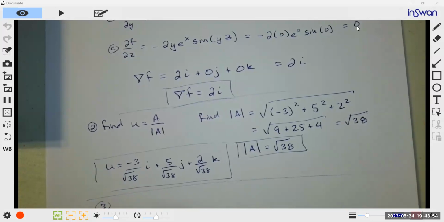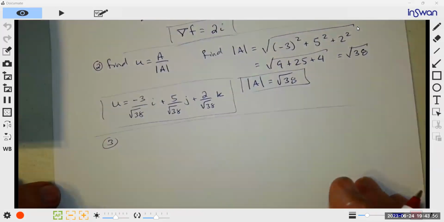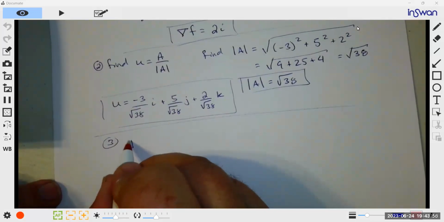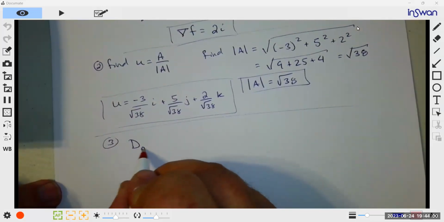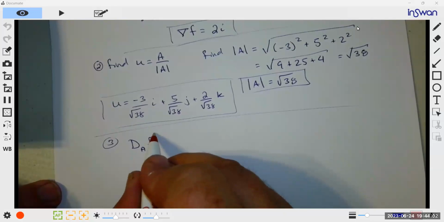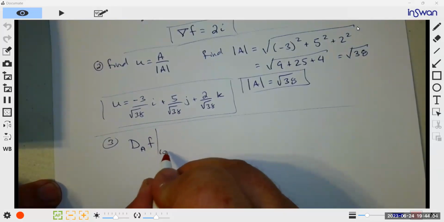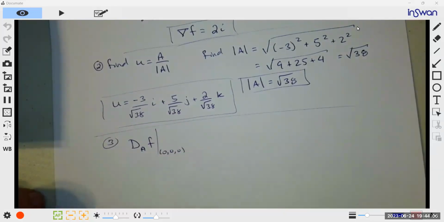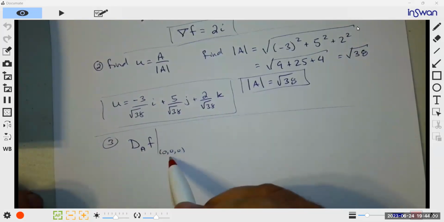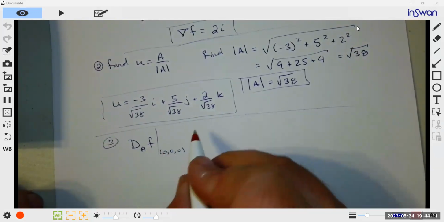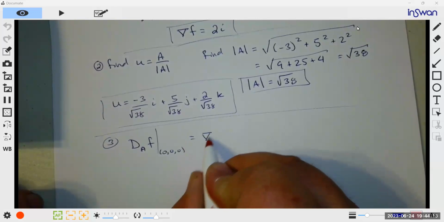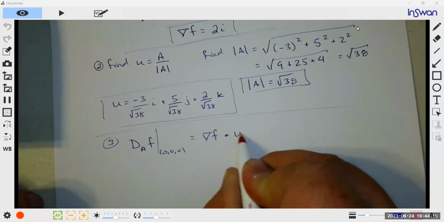Step 3. Find the derivative at point P in the direction of A, which is del f dot u.